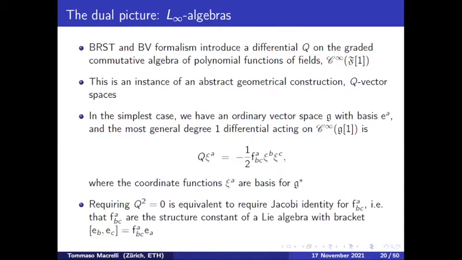Now, if we require that Q squared is 0, then this is equivalent to requiring the Jacobi identity for the structure constants. In other terms, requiring that Q squared is 0 is the same as requiring that we have a Lie algebra structure on the original vector space.